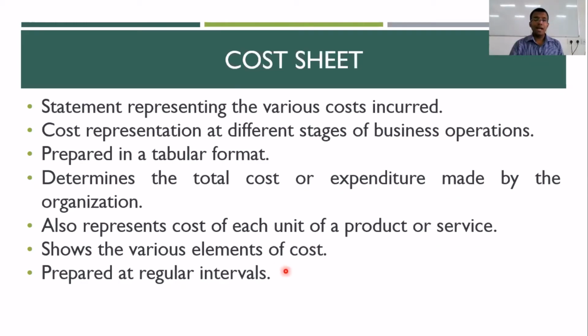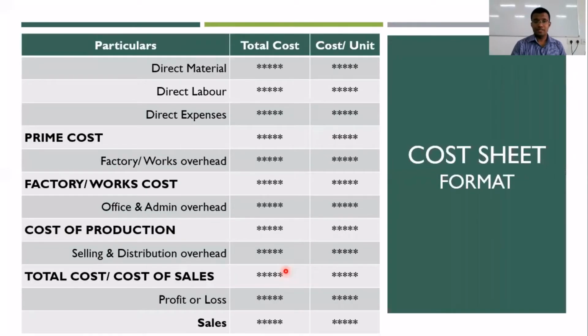You can prepare your cost sheet as and when the need arises. So a cost sheet is a statement which represents the various costs involved. It gives you an understanding of the total cost incurred at various stages, represents it element-wise, and is prepared at different intervals.